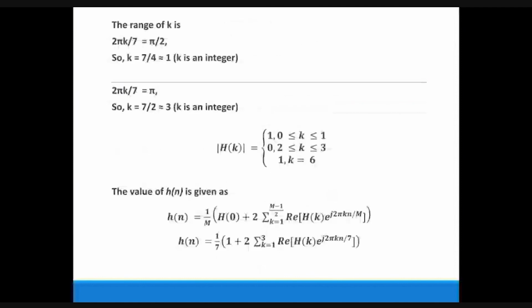So here you can take 1 also, 2 also, but you have to remember that 1 has to be applied for the first range, where the value of h of k is 1, that is the range of k from 0 to 1, and 2 is to be taken where the value of h of k is 0. So here you can say the approximate value is 1 or 2. 1 is applicable for the first line, 2 is applicable for the second line, because here we are not taking the average value, we are taking the lower ceiling value and higher ceiling value.